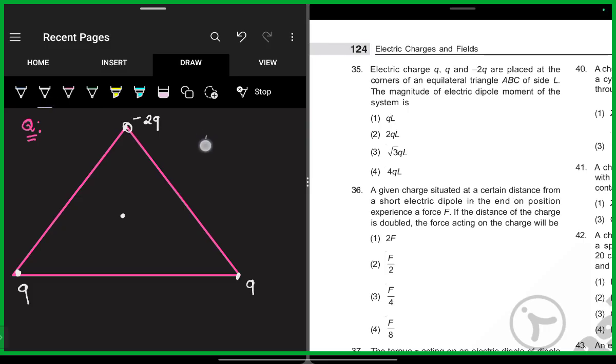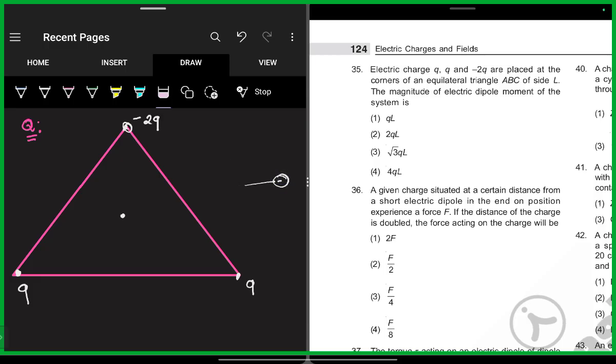Dipole moment is q into 2l, or charge into length, right? Yes or no? And for the dipole, there should be two equal charges. Yes or no? But right now we only see two positive charges and one minus 2q charge.